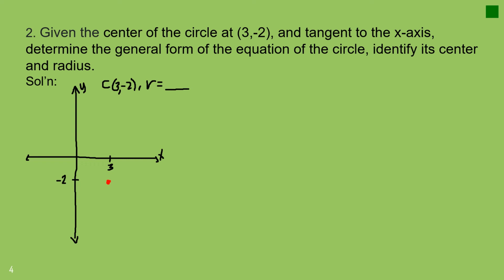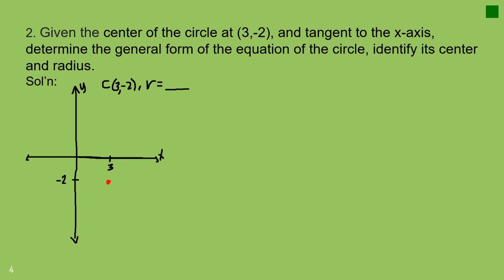To find that, know that this point here is already the center of our circle, and the center of our circle connected to any point on the circle will give us the length of the radius. And since we are given that the circle is tangent to the x-axis, and this is our x-axis here, when we say tangent, it means it touches the x-axis.